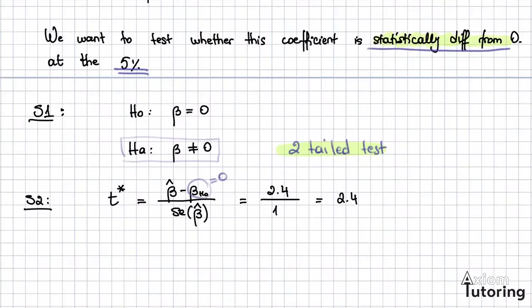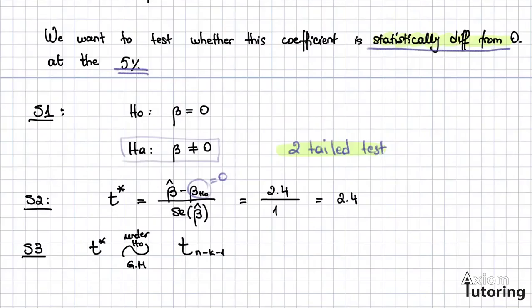The third step, which was very closely related to this, was understanding the distribution of our t star. Under the null hypothesis and the Gauss-Markov assumptions, t star should follow a t distribution with degrees of freedom n minus k minus 1.